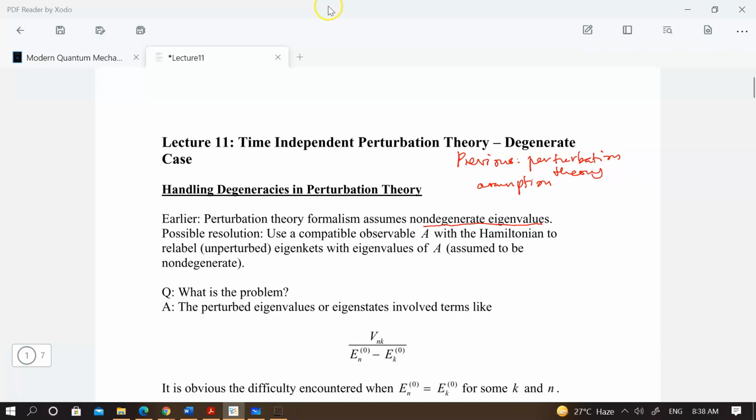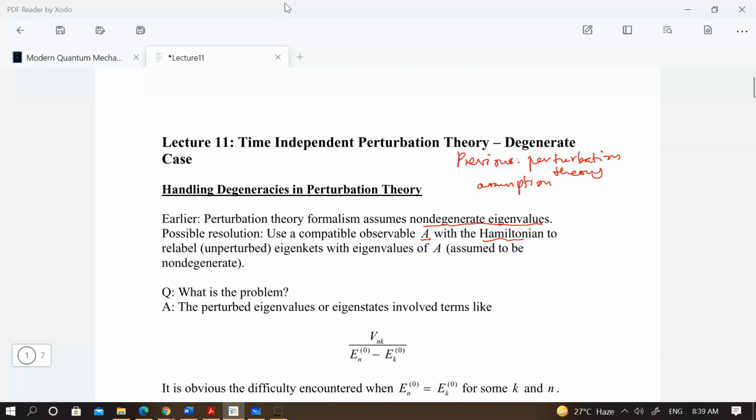There is a possible resolution to this, particularly if you use a different observable to label the eigenstates of the system, provided there is a compatible observable A that is compatible with the Hamiltonian.